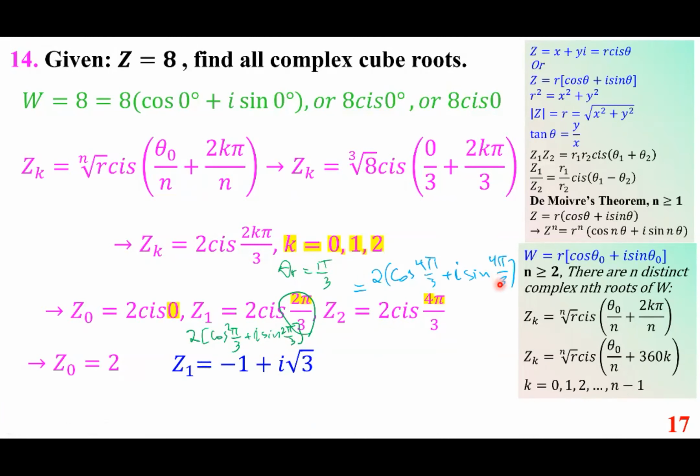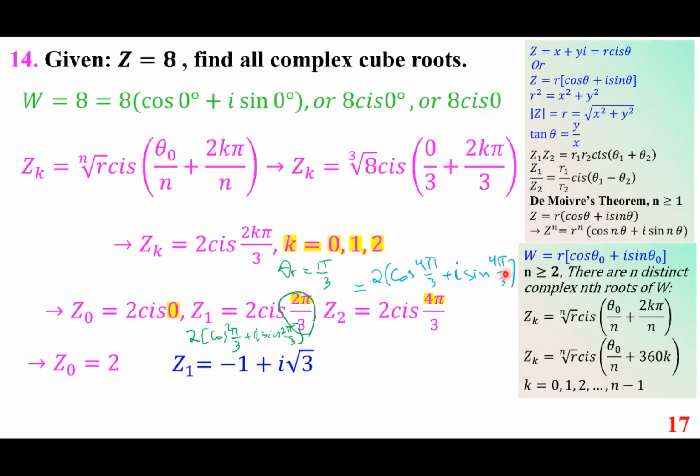Now, as you know, 4 pi over 3 puts us in the third quadrant where both sine and cosine are negative. So cosine of pi over 3 is 1/2, makes it negative 1/2. So this remains as negative 1.